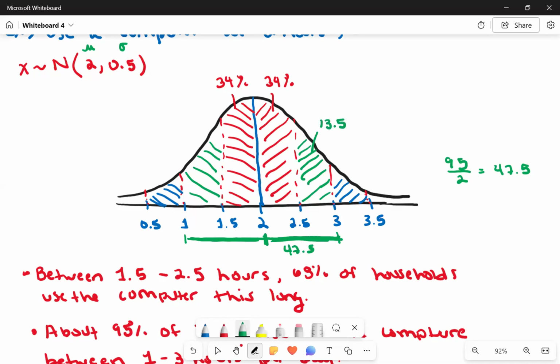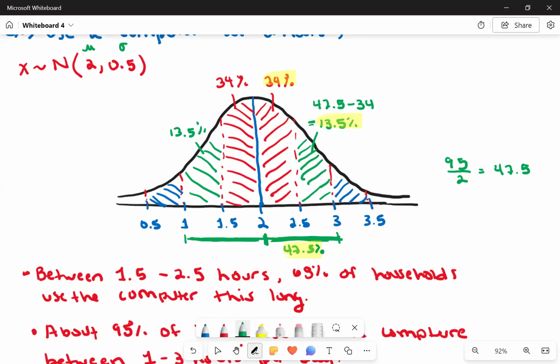So that's 47.5 minus 34 equals 13.5%. And notice if I take 34 and add 13.5, I get 47.5 from that. Okay, so that means this is also 13.5%.